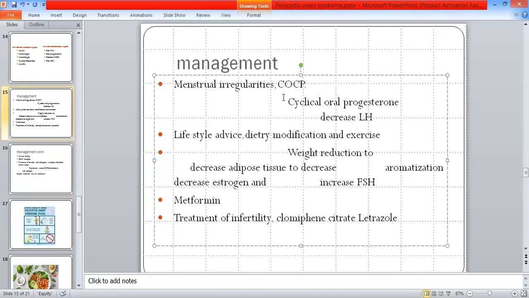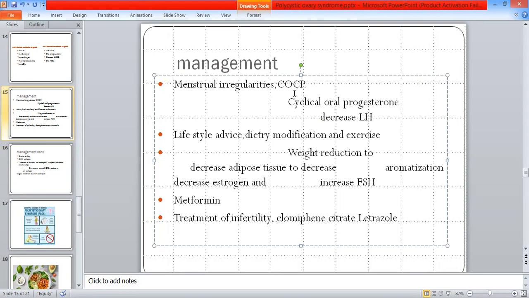Follicle stimulating hormone will cause the production of the Graafian follicle and ovulation. And when ovulation occurs, the cycle will become regular. Remember that ovulatory cycles are regular and painful, and anovulatory cycles are irregular, just like in polycystic ovary syndrome.